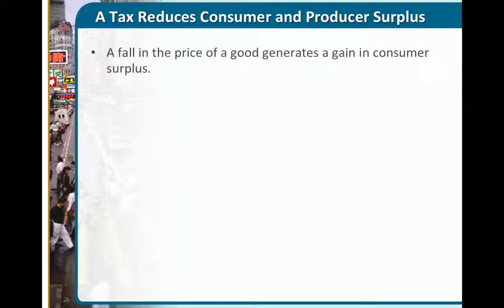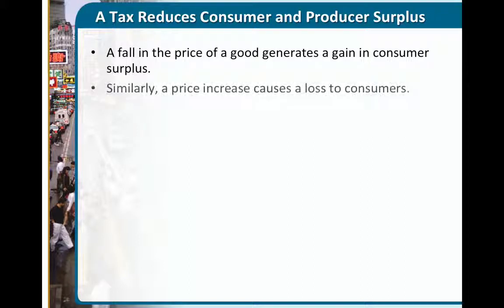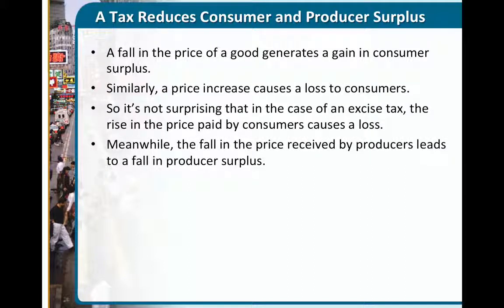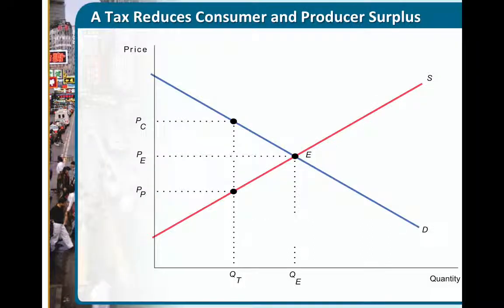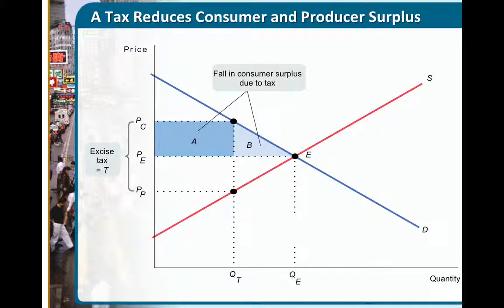So a tax also reduces consumer and producer surplus, as you can see. Where is it graphically? Here we go. This actually shows it pretty well. So with your excise tax of T, this is T up here, your consumer surplus will fall by this much.